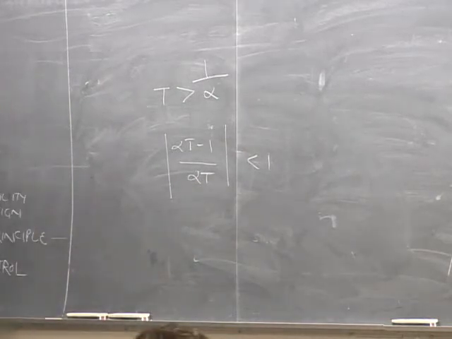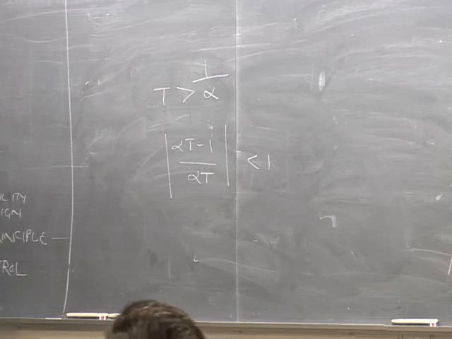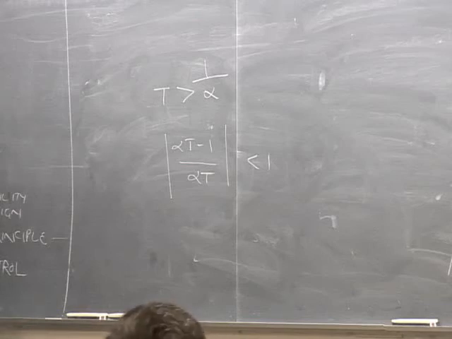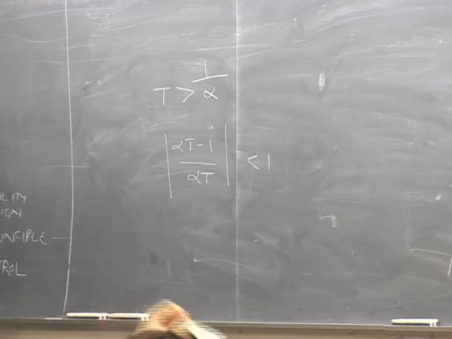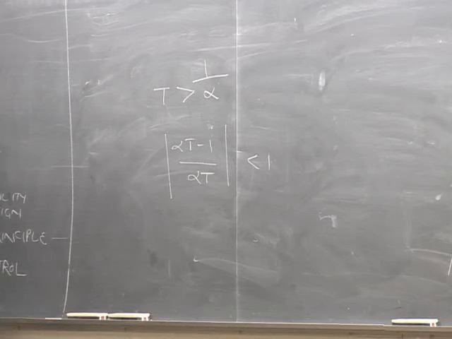Is t discrete? T is the time step duration, right? So yeah, t is going to be. So could you also say greater or equal to 1, since 1 over alpha is between 0 and 1? Aha, is t greater than 1? Is equal to 1.